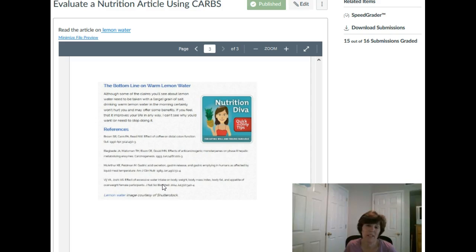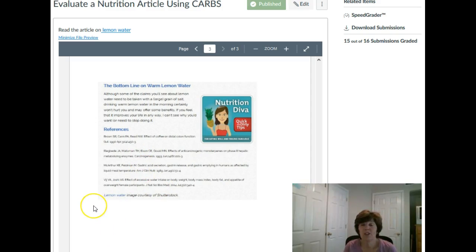But the references that a person uses can be older than that. So the S in CARBS is evidence-based science. So is the author providing references about the facts that they are providing in their article?